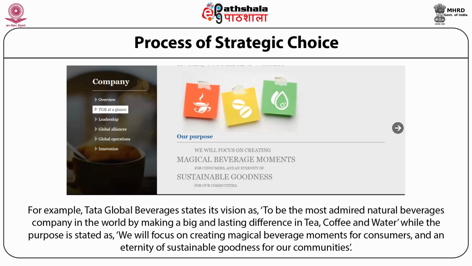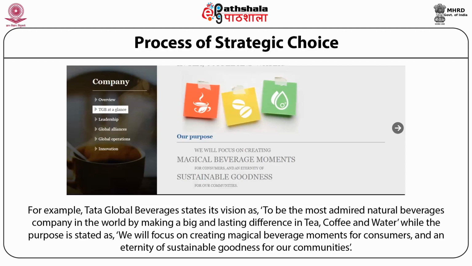Further, having a closer look at the intent, the key is to build the company as an admired global company in natural beverages, for which it has chosen the strategy that focuses on building unique competitiveness, differentiated offerings, appealing brands, and significant scale in the three natural beverage categories of tea, coffee, and water.